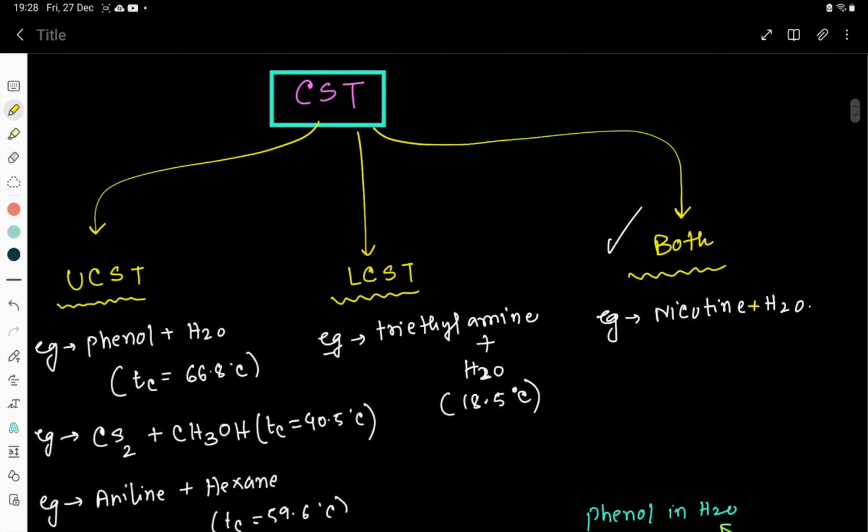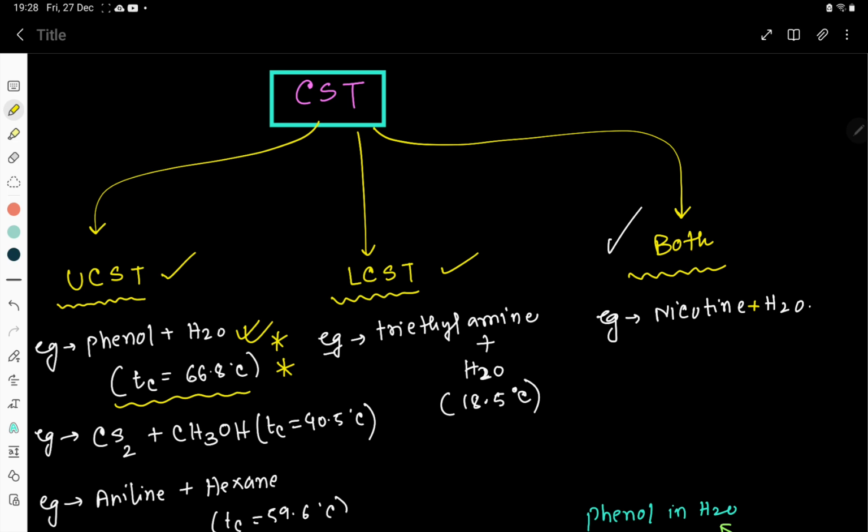CST are basically of two types. Okay, one is UCST and the other is LCST, and I've written here both in the third case. In this case, both UCST and LCST come. Under UCST, that is upper critical solution temperature, there are few examples, but phenol plus water is the most important one, and we will be discussing this example in detail.